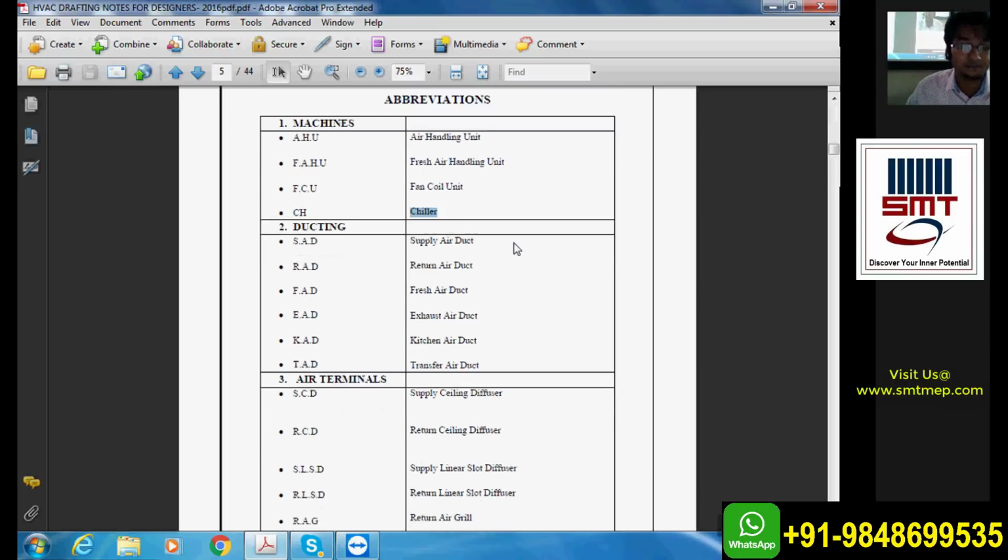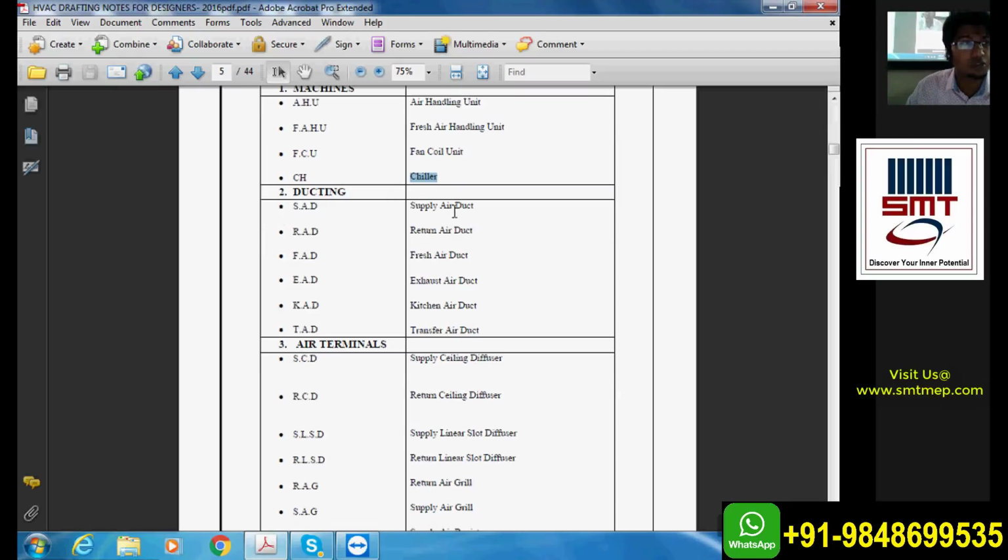Then in the second part, you have ducting. In the ducting, the most important thing to understand is the first term SAD, which means supply air duct. This does not have to be replaced with SAD meaning supply air diffuser. If we are going to consider a duct, it is going to be a duct.